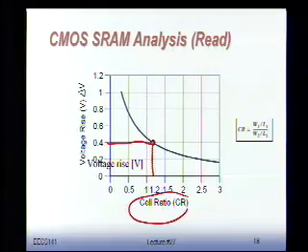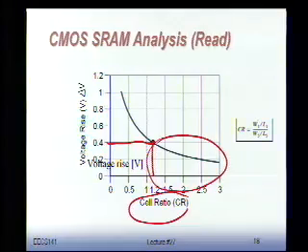So we have to make sure that M5 is weaker than M1 with a certain ratio. Not much. Actually, for a traditional 90 nanometer process or whatever it is, it's about a factor of 1. If you make them approximately equal size, you're going to be fine. Or maybe make M1 a little bit larger, but not by much.